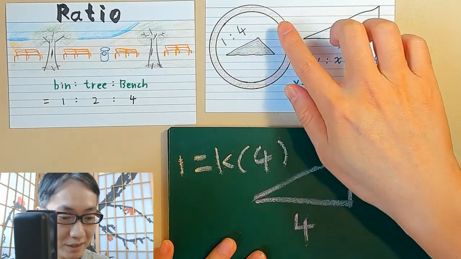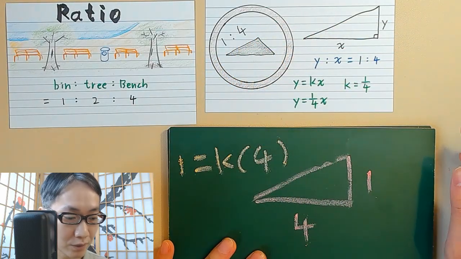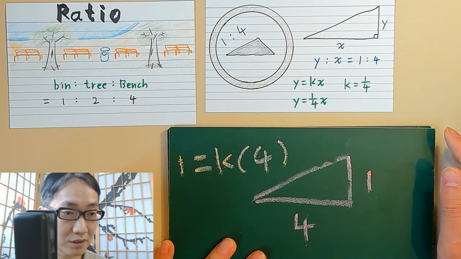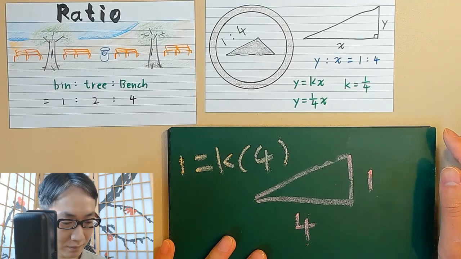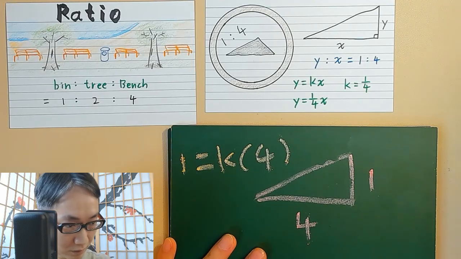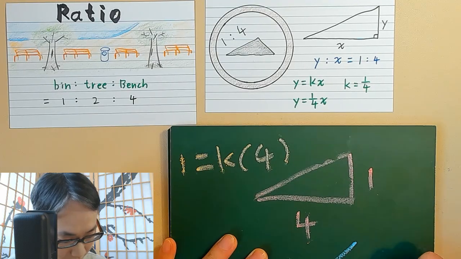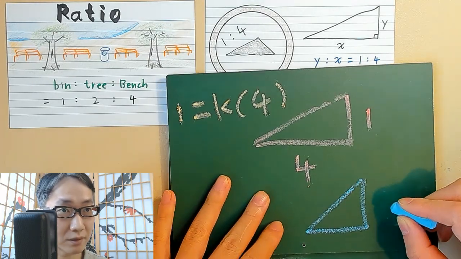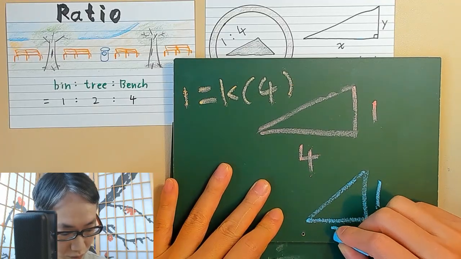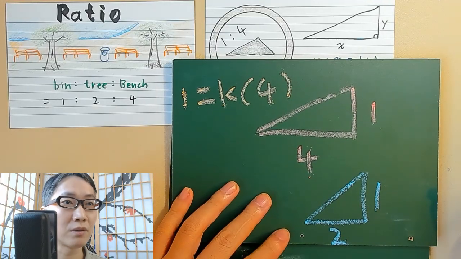So if in another instance we say 1 to 2, that will be a much steeper slope, because it will be something like this. This is 1 to 2. Okay.